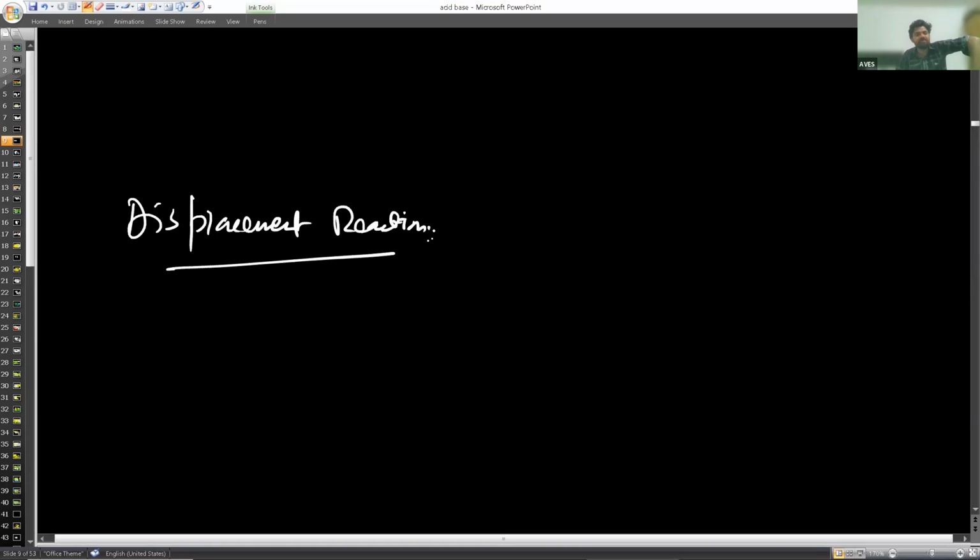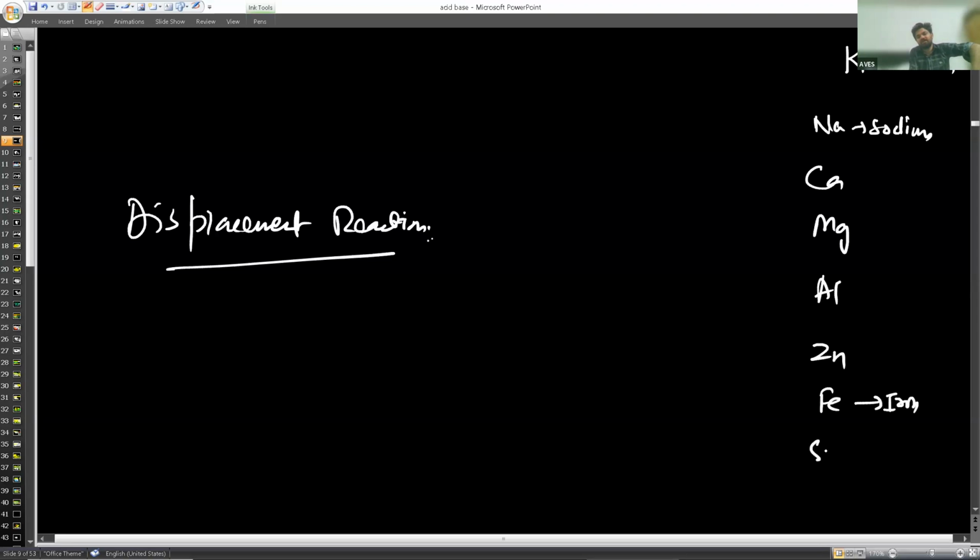How will we find which element is more reactive and which is less? We have a series. We have potassium at the top, then sodium, Na, then calcium, then magnesium, then aluminium, then zinc, Fe is iron, then tin, Sn is tin.